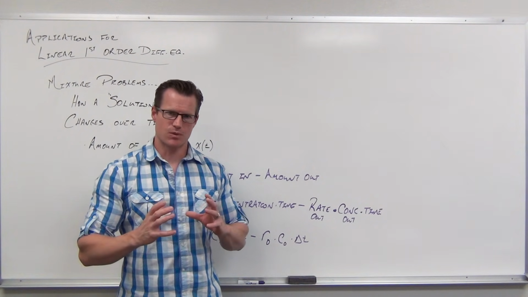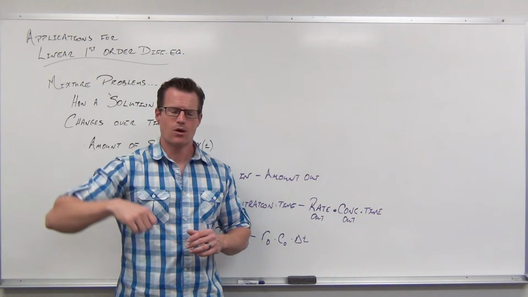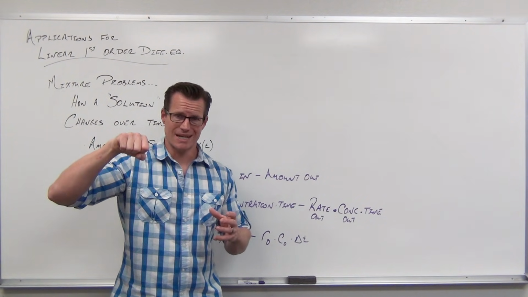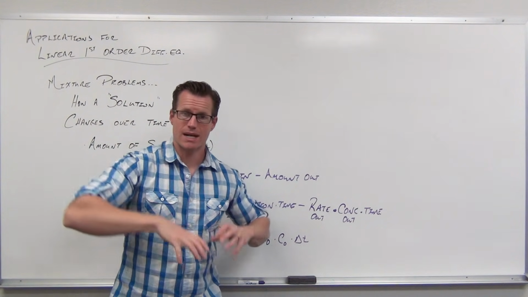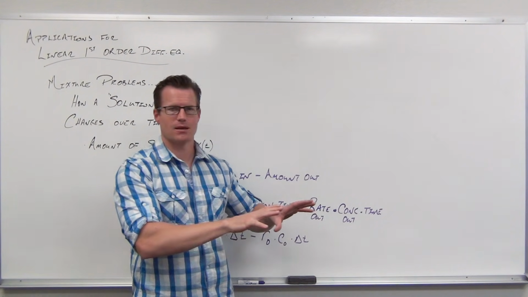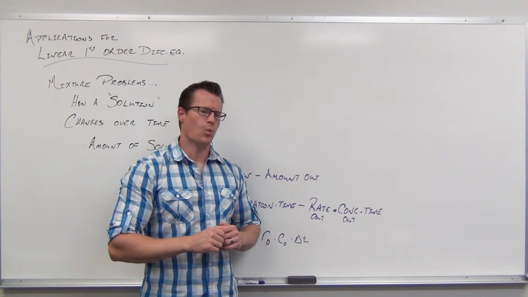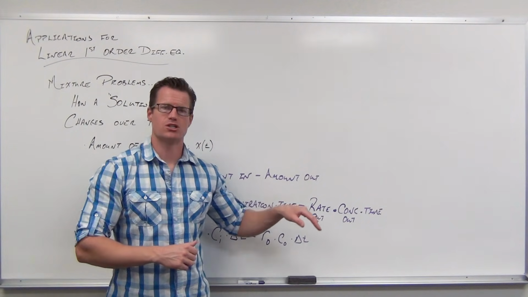So for our examples here, we have to hold the rate in constant. You're pouring in at the same rate. We have to hold the concentration in constant. What you're pouring in all has the same concentration. And then we have to hold the rate out constant. How fast it's leaving the tank is constant. What we can't hold constant is the concentration out.